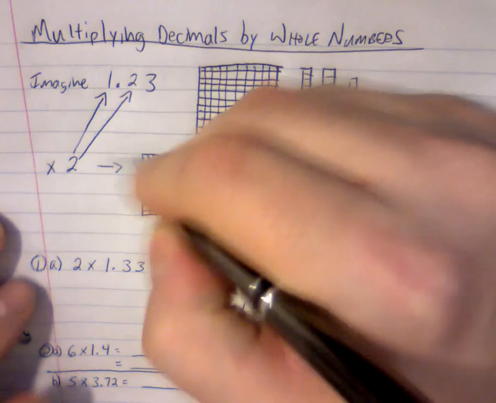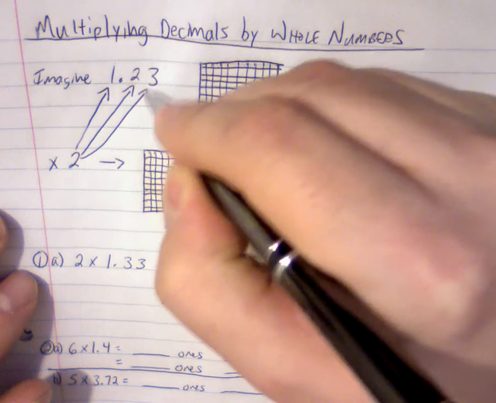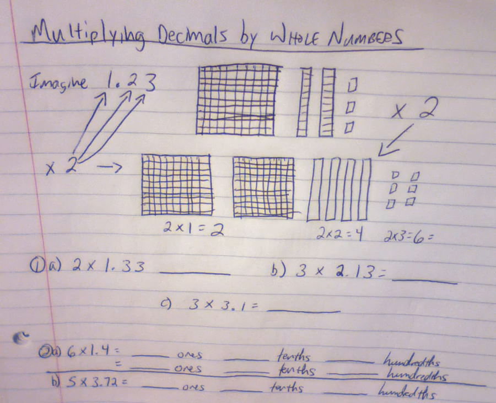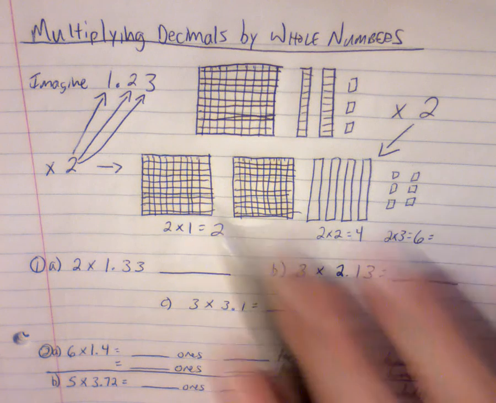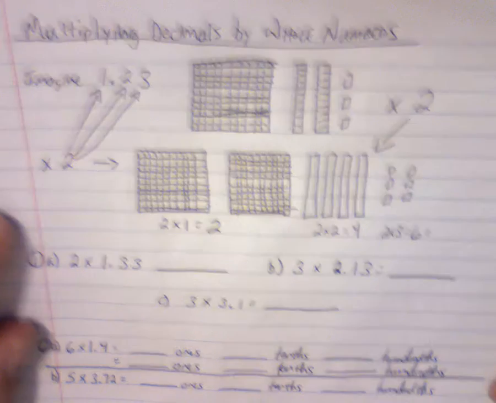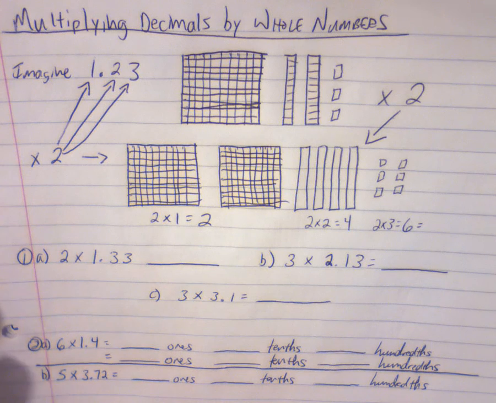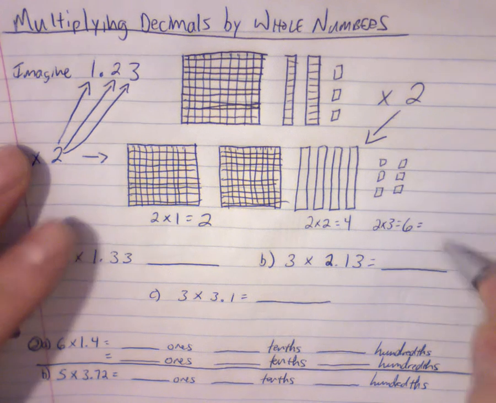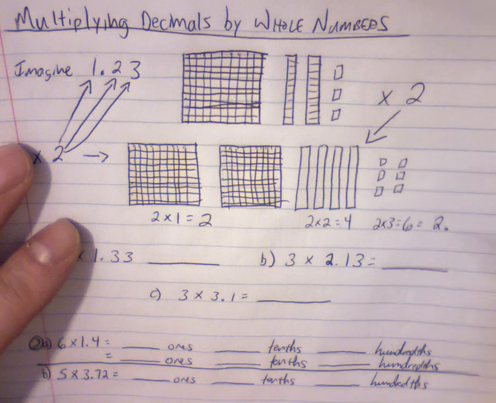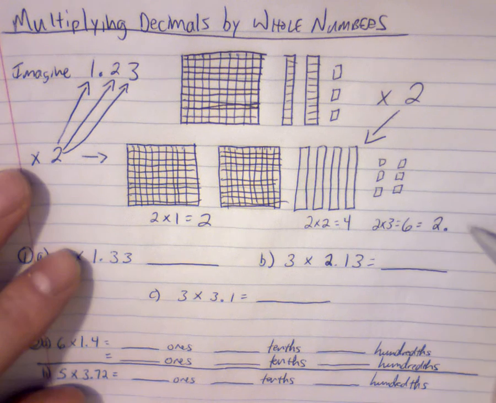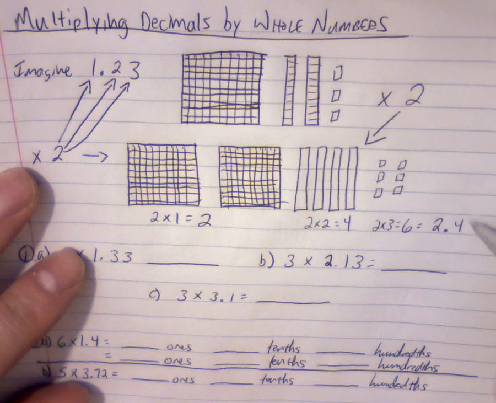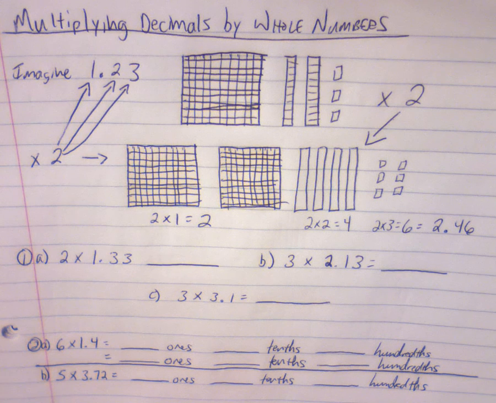I had 3, I'm multiplying by 2, and I get 6. Now you need to be able to write that as a decimal. I have 2 ones, decimal, 4 tenths, and 6 hundredths. So 2.46. That's all we're doing, simple multiplication.